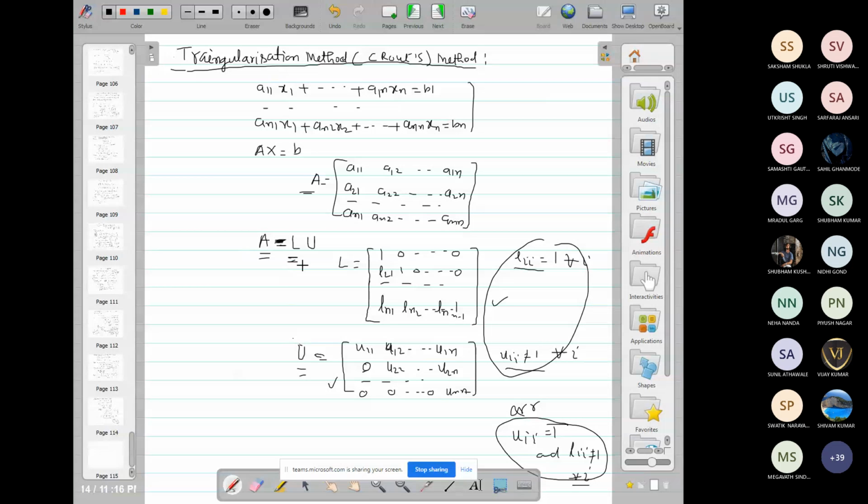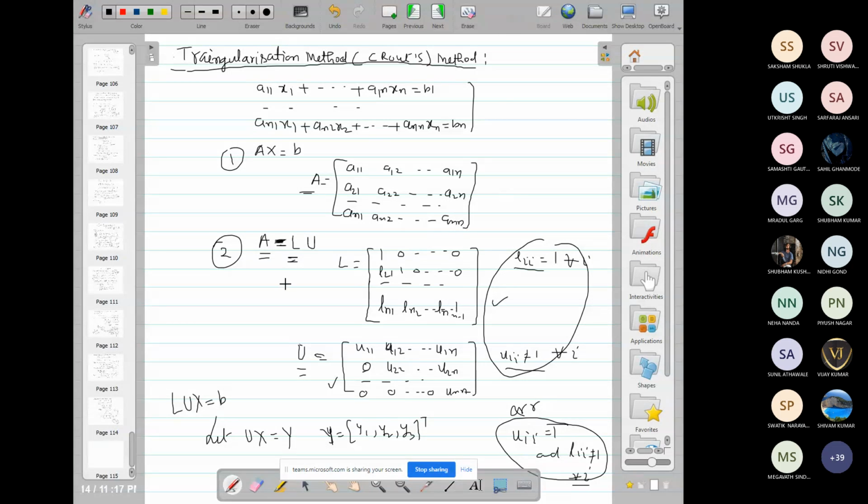Now the problem is to determine L and U. Putting A is equal to LU in equation 1, it becomes LUX is equal to B. So let UX is equal to Y, where Y is a column vector Y1, Y2, Y3, and so on. Using relation 2, we determine L and U, taking L and U as above, by taking l11, l22, lnn, or u11, u22, unn equal to 1.